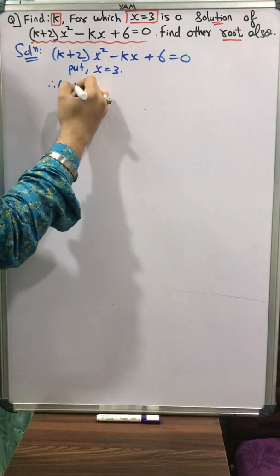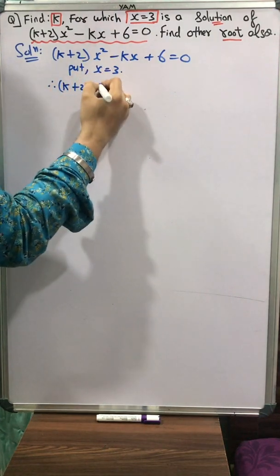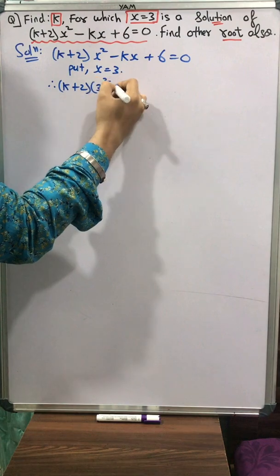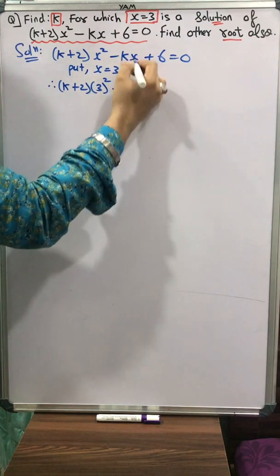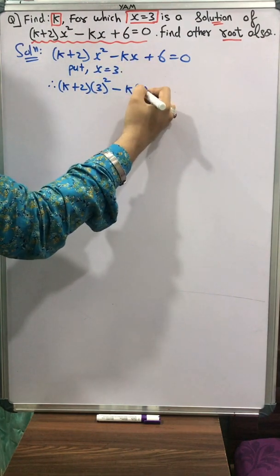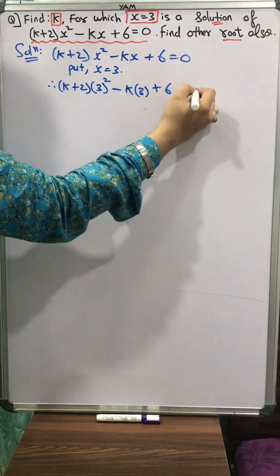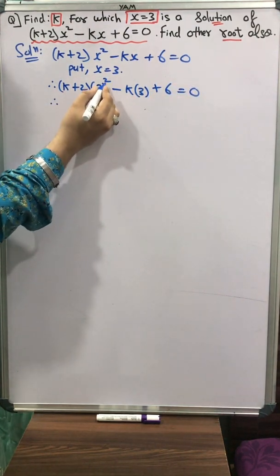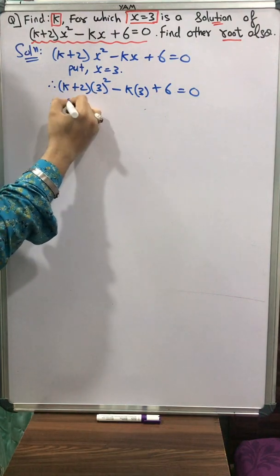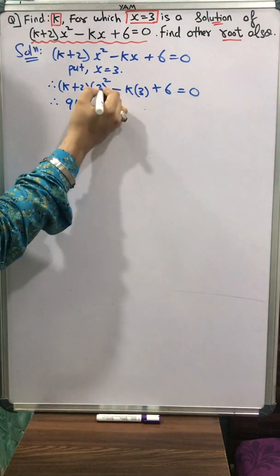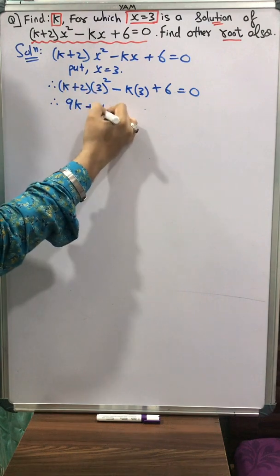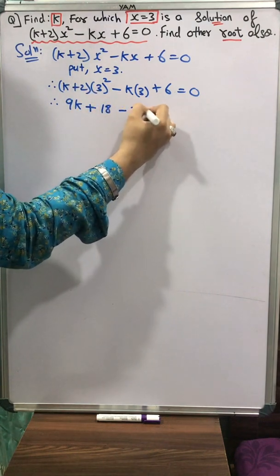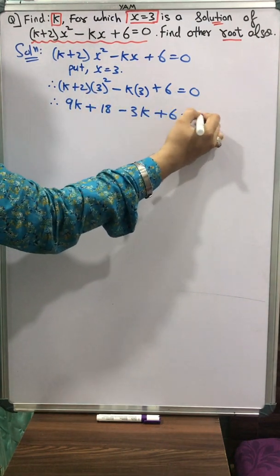So k plus 2, at the place of x, 3. So it becomes 3 square minus k into 3 plus 6 is equal to 0. Therefore 3 square, students, is 9, and 9 into k becomes 9k, plus 9 into 2 becomes 18, minus 3k plus 6 is equal to 0.